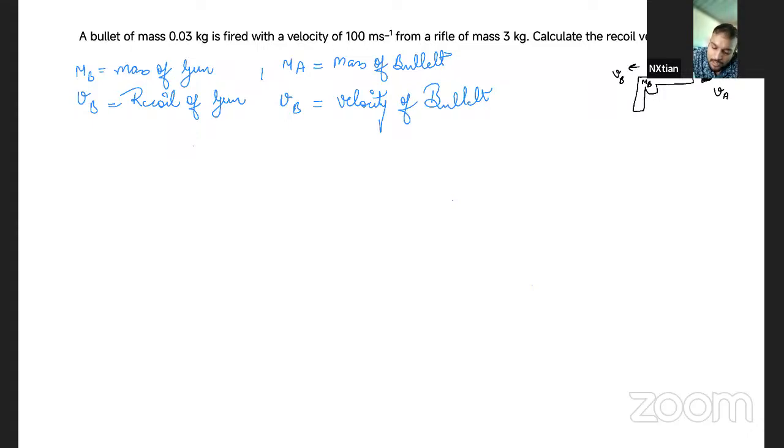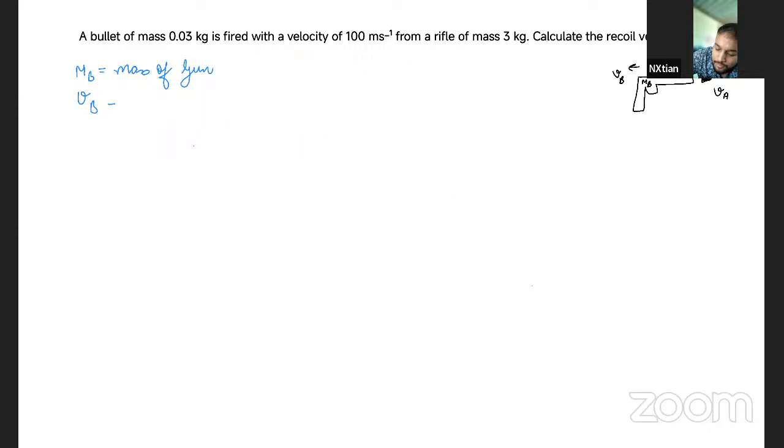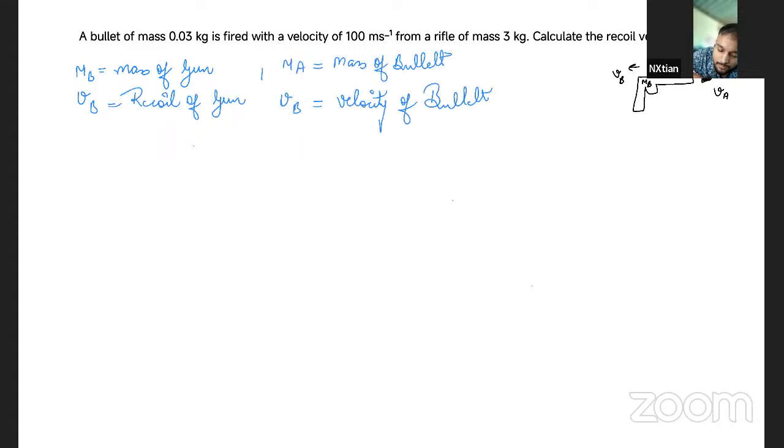Now in this case, we should know this formula. No, I wrote the wrong formula. Sorry for that.